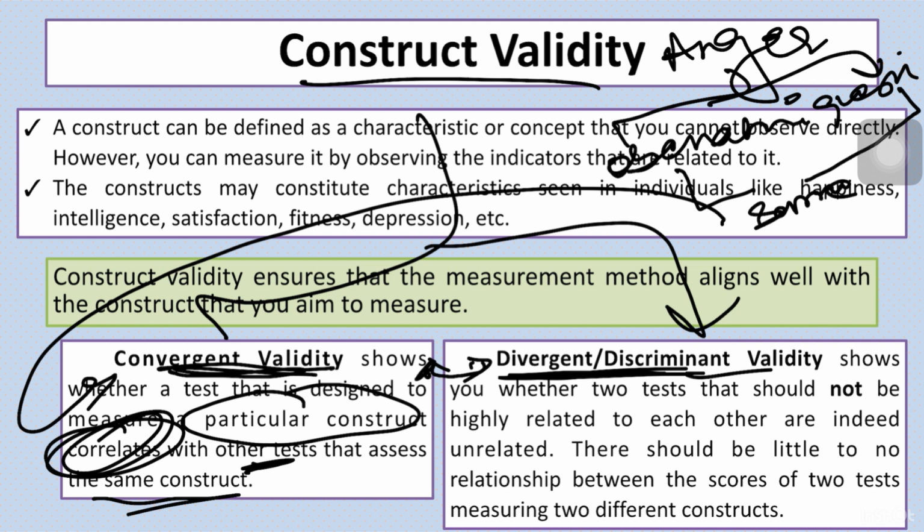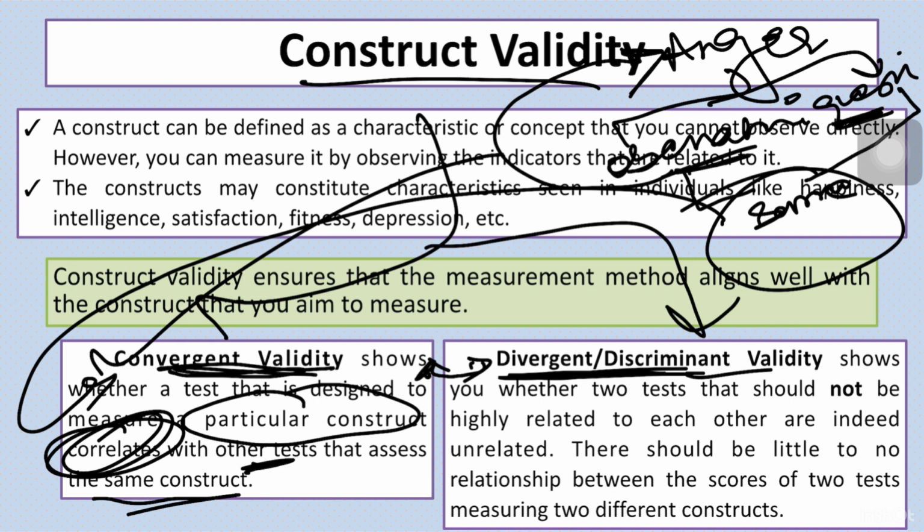So there has to be high correlation between two types of methods that are measuring the same aspect. I hope this is clear.